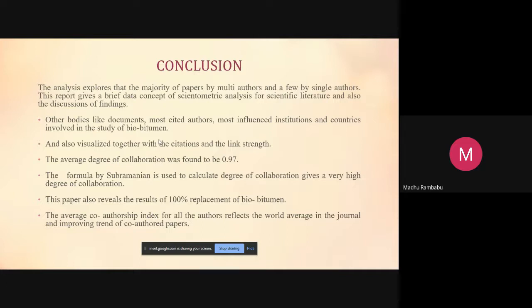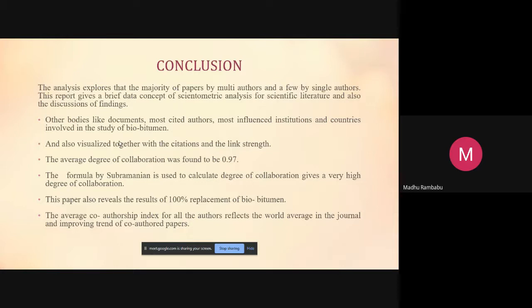The average degree of collaboration was found to be 0.97. The formula by Subramanian is used to calculate degree of collaboration, and it gives a very high degree of collaboration in this paper. This paper also reveals the results of 100% replacement of biobitumen, which we have seen before. The average co-authorship index for all the authors reflects the world average in the journal and an improving trend of co-authored papers.